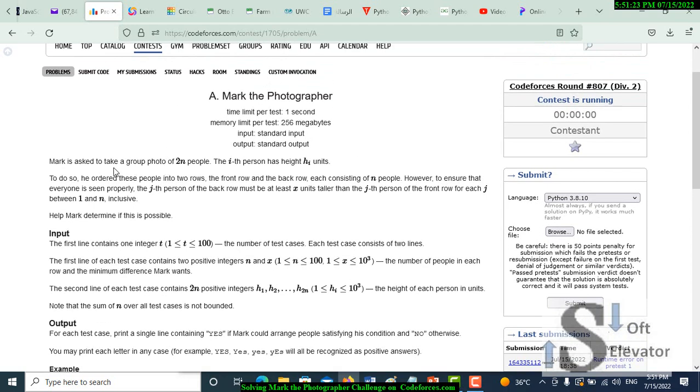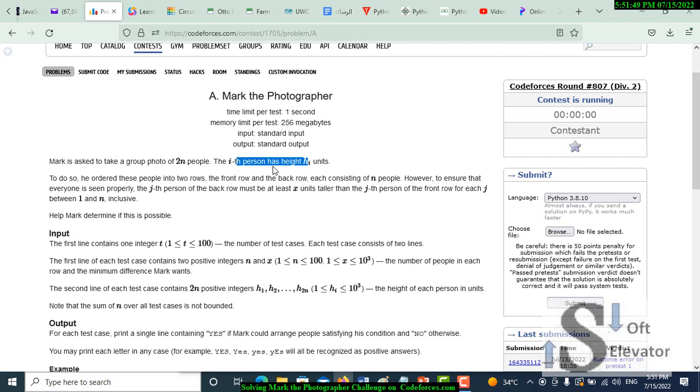Mark is asked to take a group photo of 2n people. The i-th person has height hi units. To do so, he ordered these people into two rows, the front row and the back row, each consisting of n people.